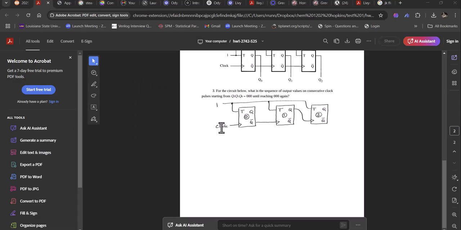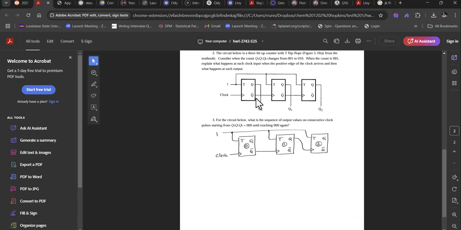So it's saying when the clock switches, what happens to the input right here? In other words, what did this do? Remember how we were determining whether or not we had a positive edge of the clock based on this? That's what it's asking.